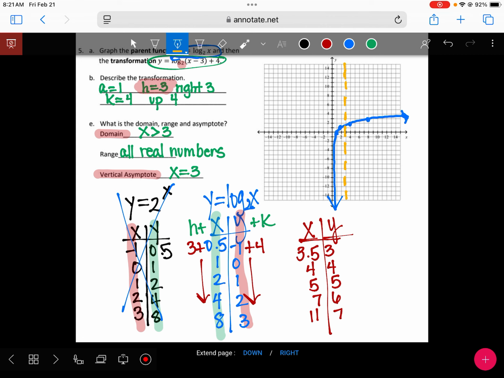So make sure when you graph it, it doesn't cross that wall. And that would be your graph.